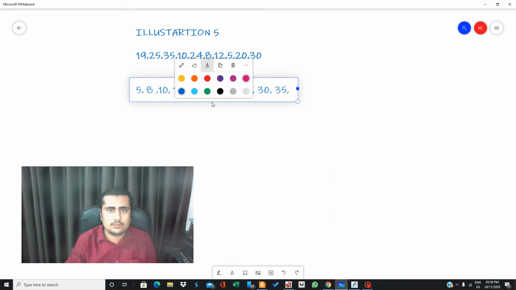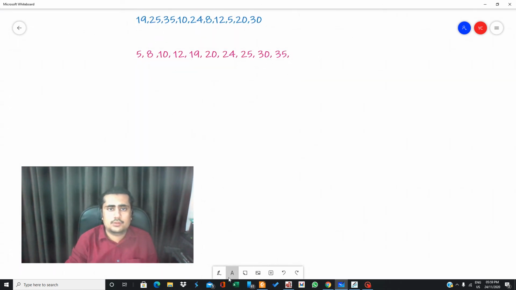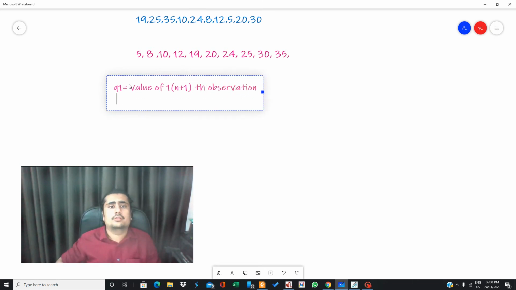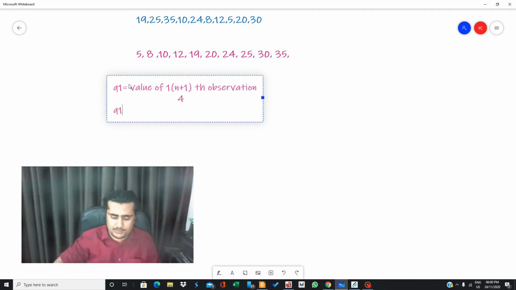Now, first of all, I'll find Q1 from this given data. What is Q1? Q1 is value of 1 into n plus 1 upon fourth observation. Now what is n?